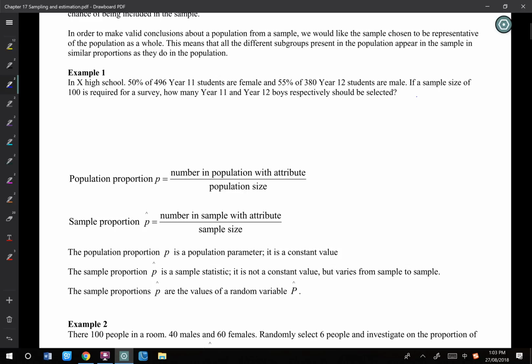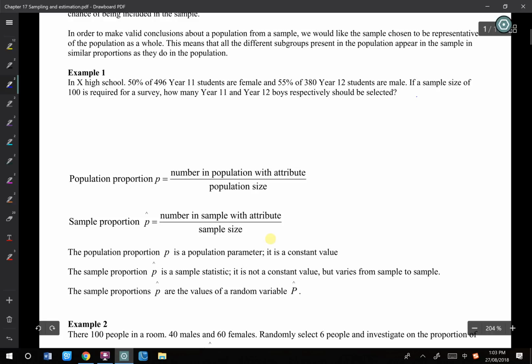Okay, let's look at example 1. In X high school, 50% of 496 year 11 students are female, and 55% of 380 year 12 students are male. If a sample size of 100 is required from a survey, how many year 11 and year 12 boys respectively should be selected? Okay, let's have a look.